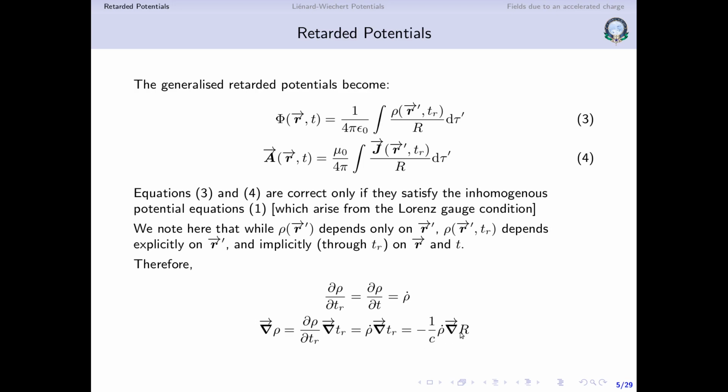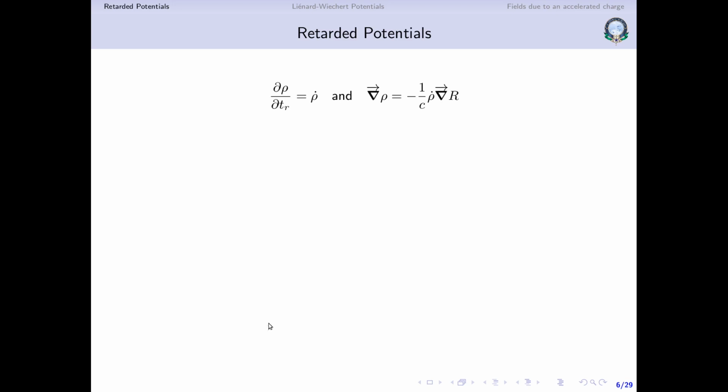So minus 1/c ρ dot into the gradient of R. That is going to be your gradient of ρ.